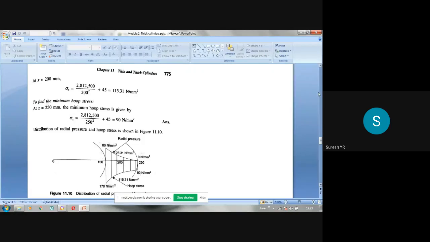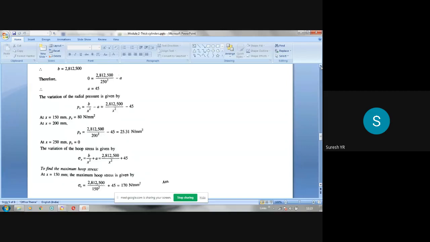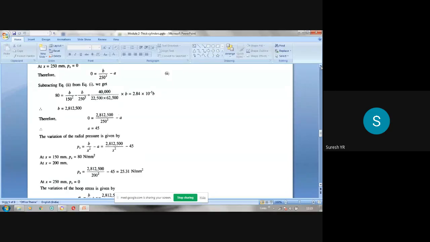So that means first we have to find out the constants a and b by using the boundary conditions. The boundary conditions are at the inner radius and at the outer radius, you will be knowing the pressure values. So at r is equal to Ri, Px is equal to Pi. At r is equal to Ro, Px is equal to Po.